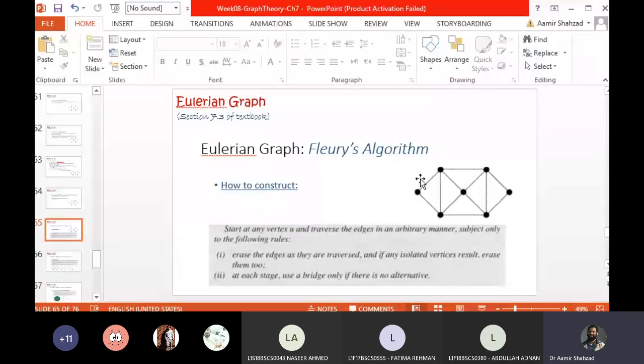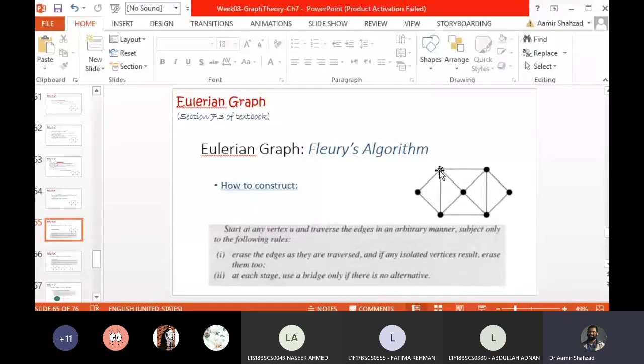For example, if I'm starting from this vertex, I can start in any direction. अब जो edge मैं traverse करता जा रहा हूँ उसको आप highlight कर लें. ये cover हो गया, अब हमें दोबारा नहीं आना. In other words, I keep record of it and I erase this edge, ताकि मुझे confusion ना हो दोबारा से. So whichever edge I am traversing उसको आप erase कर दें.